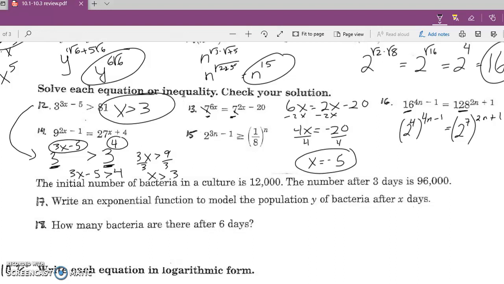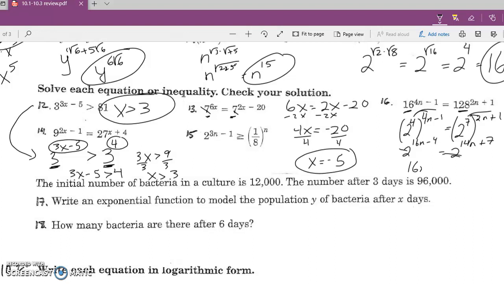Now, how do you do this? You do a power to a power, so you would multiply. So this is 2 to the 16n minus 4. I'm just multiplying 4 by that. And multiply this and get 2 to the 14n plus 7 power. Now we can just get rid of those bases.